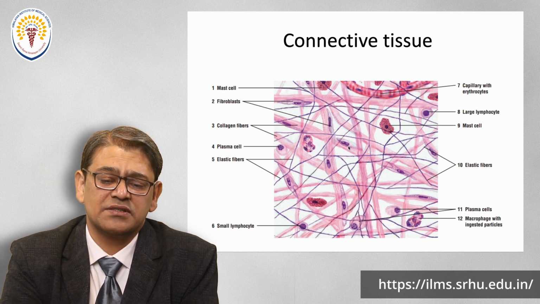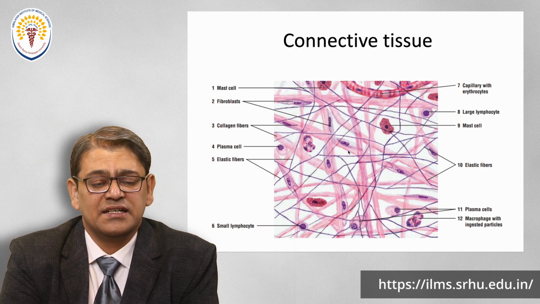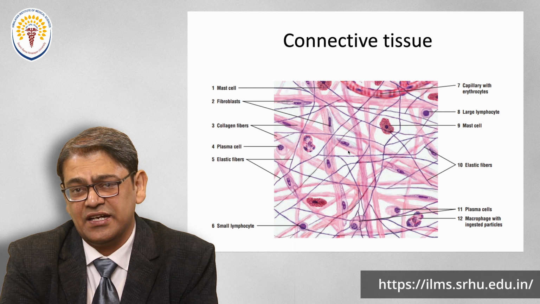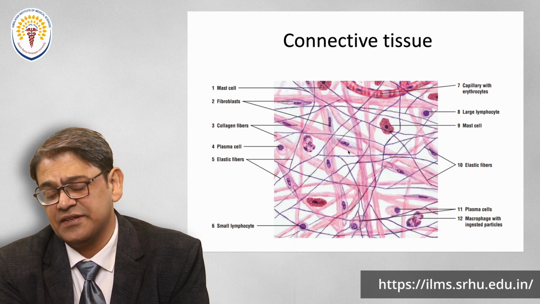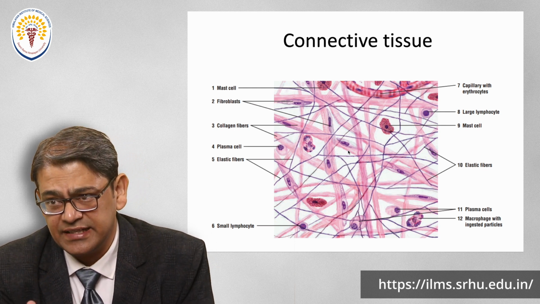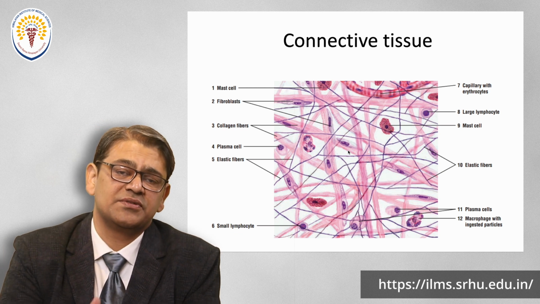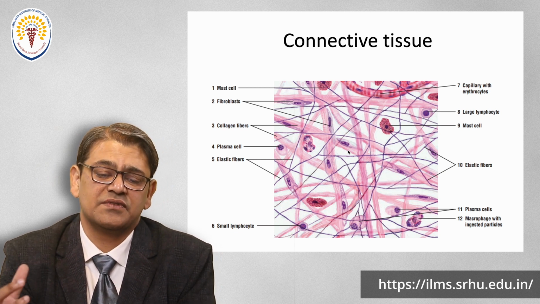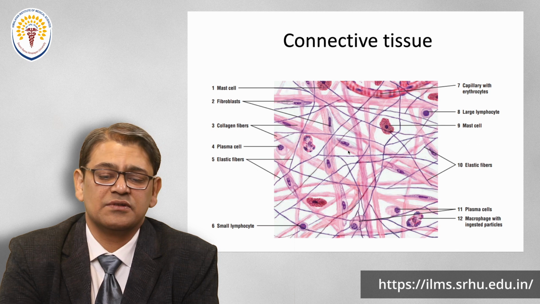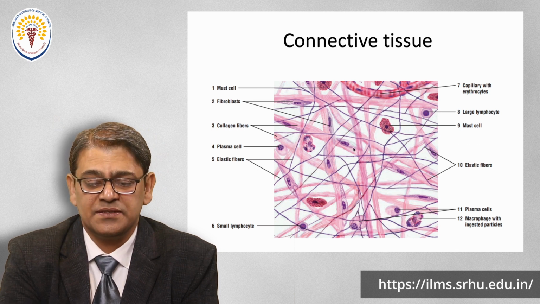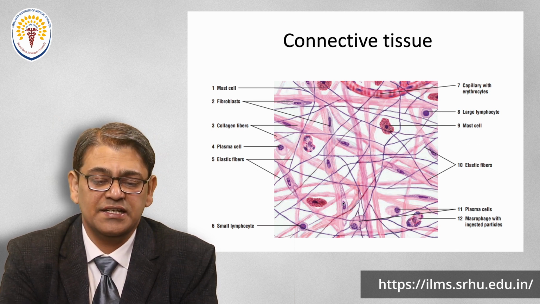Why blue color? Because the cell cytoplasm clearly matches the staining of the collagen fibers, and you cannot differentiate them if you do not use a very high technique. It is almost impossible to distinguish between the cytoplasm of the fibroblast cells and the collagen fibers. So we see various blue colored dots present over here.